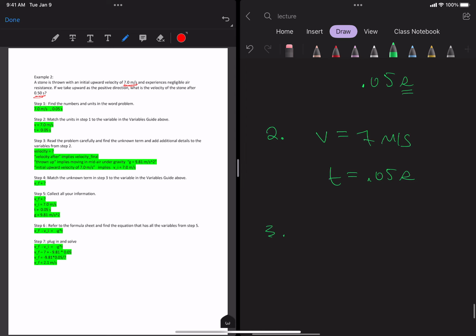Step 3 is to now read the problem carefully, find what they're looking for, and any other extra details. Reading for what they're looking for, it says what is the velocity? So we're trying to find the velocity.